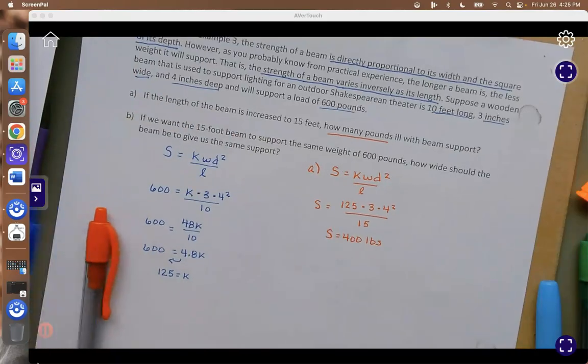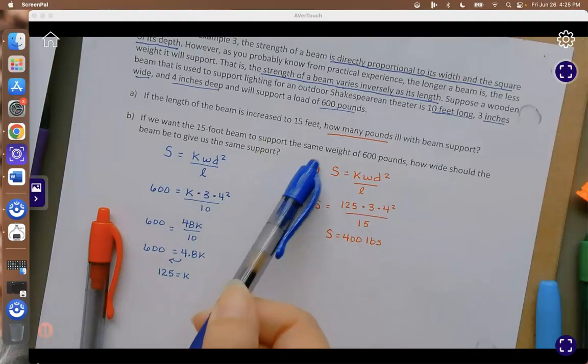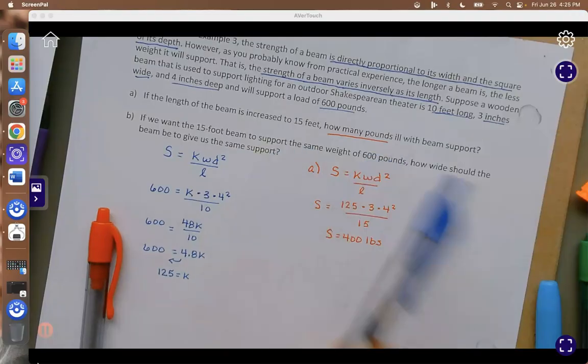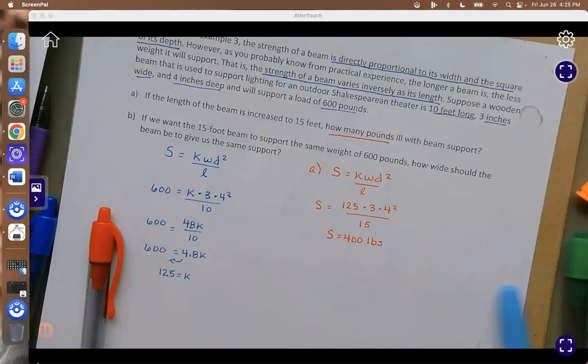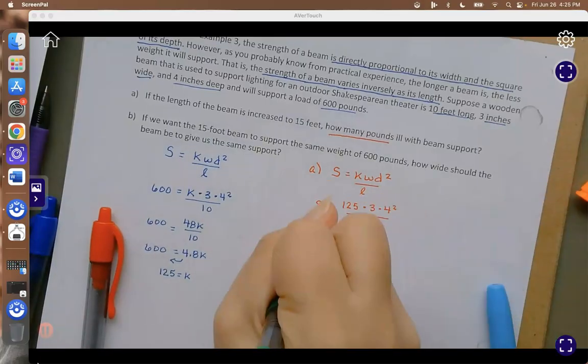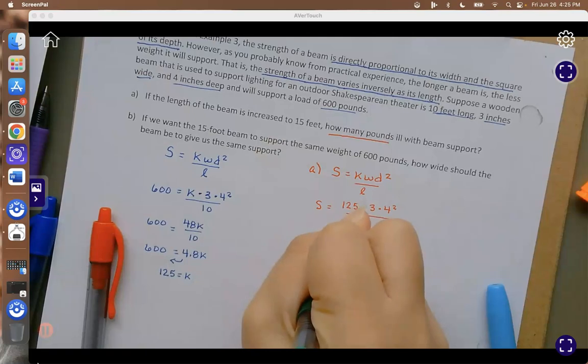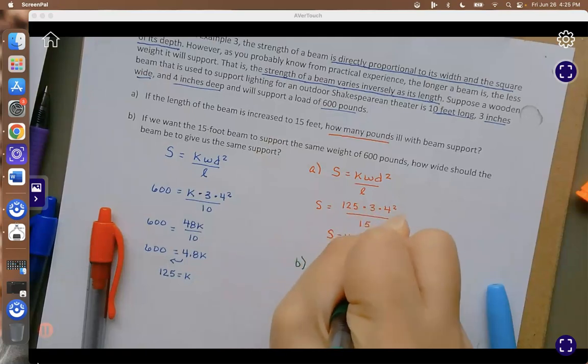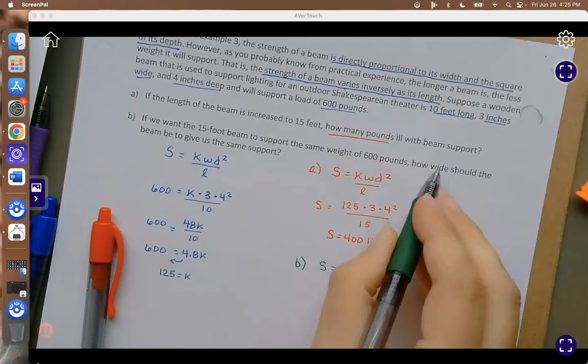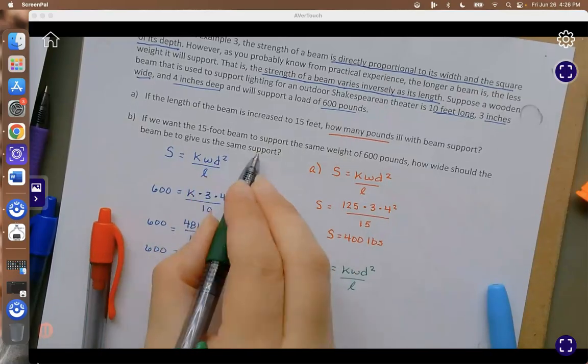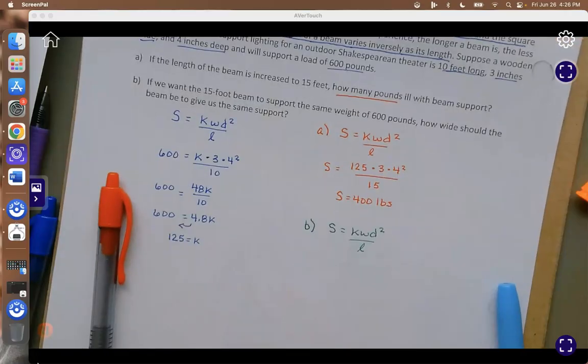If we want the 15-foot beam to have the same support weight of 600 pounds, how wide should the beam be to give us the same support? So that means that this time they want you to find a different width, okay? So the depth's going to be the same. This is going to be 15, and that's going to be 600.